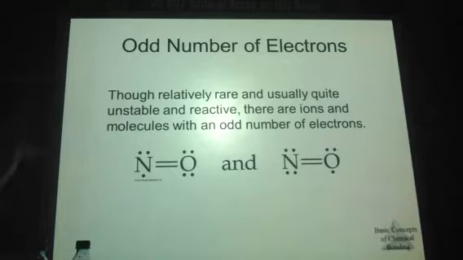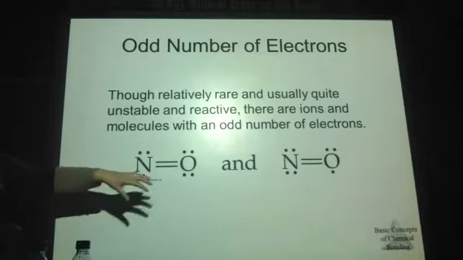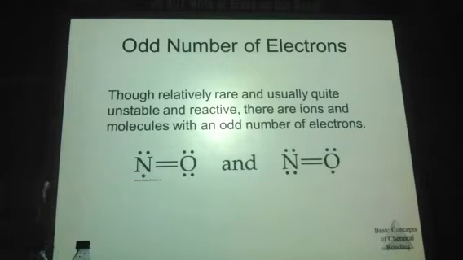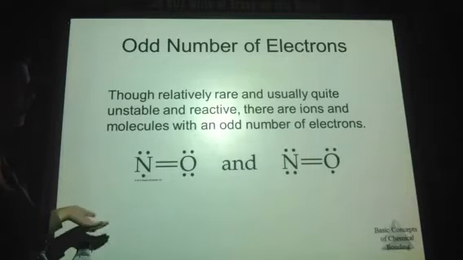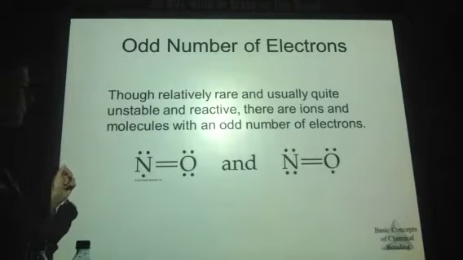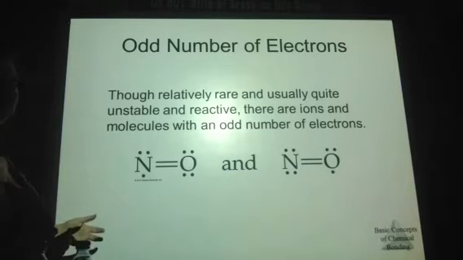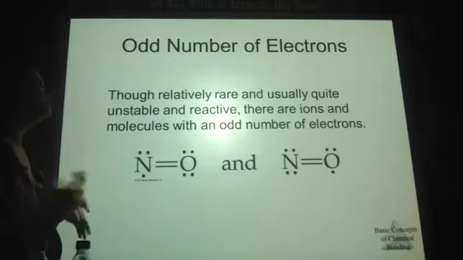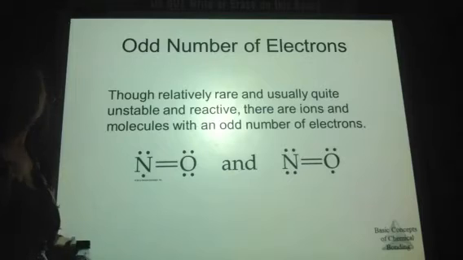Usually we have ions or molecules with them. NO is an awesome example of an odd number of electrons. So if I think about NO, nitrogen monoxide, and the total number of valence electrons, nitrogen has 5 and oxygen has 6, so the total number of valence electrons here would be 11.